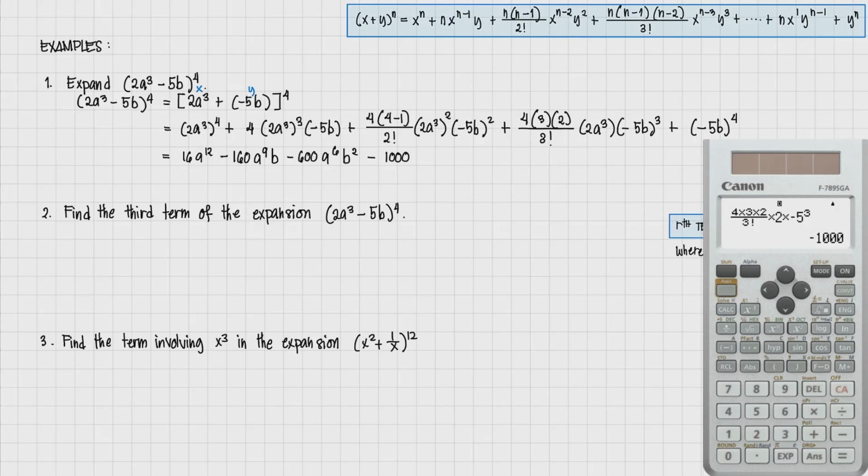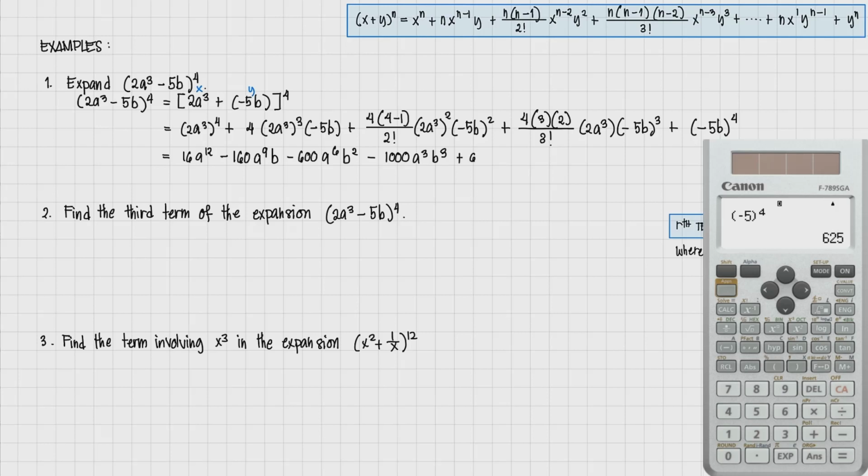And then for the variables, or the letters, you have a raised to 3 and then b raised to 3. And then you have quantity negative 5 raised to 4, which is positive. So positive tayo dito.